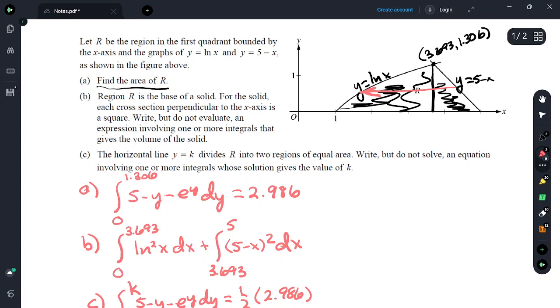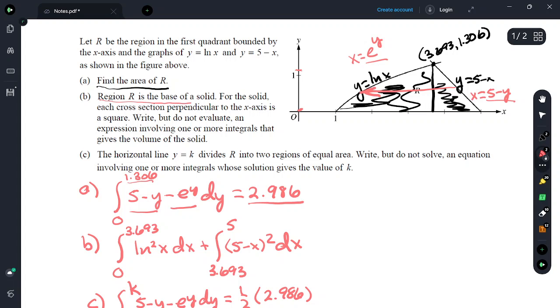So let's get x by itself. x is equal to 5 minus y, and here x is equal to e to the y. So if we go right minus left, that's 5 minus y minus e to the y, and we're going from 0 up to this y right here, 1.306. So the answer ends up being 2.986.